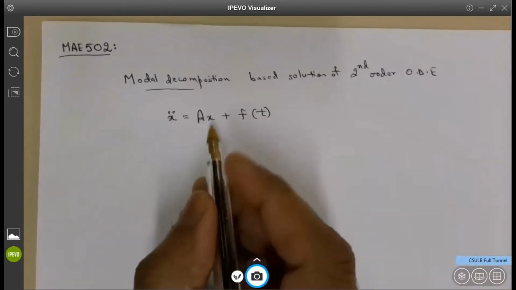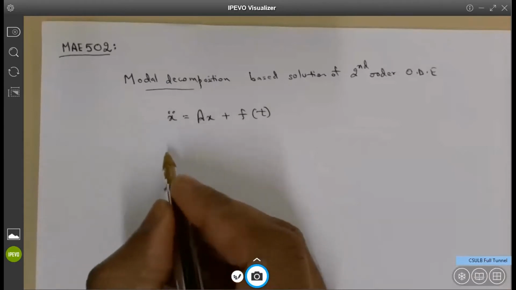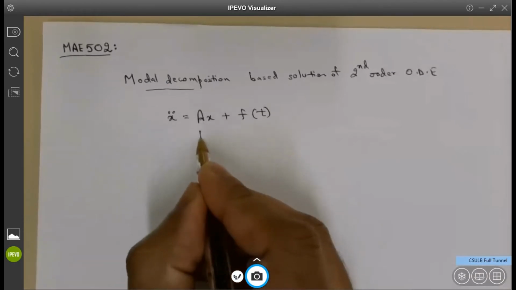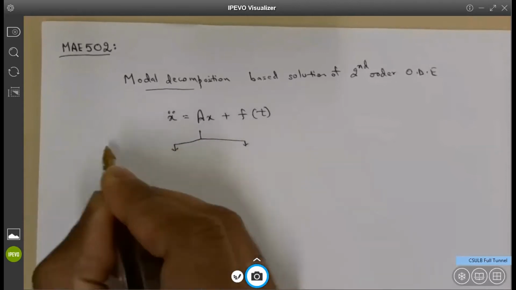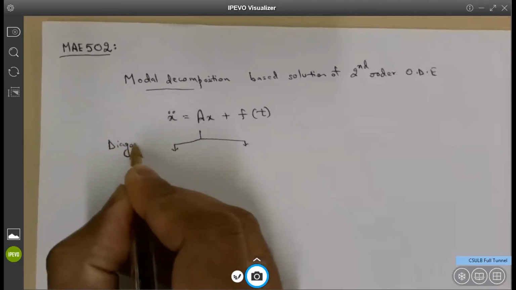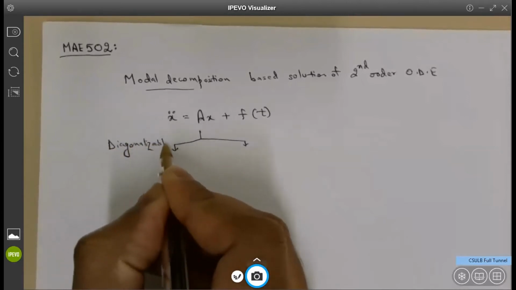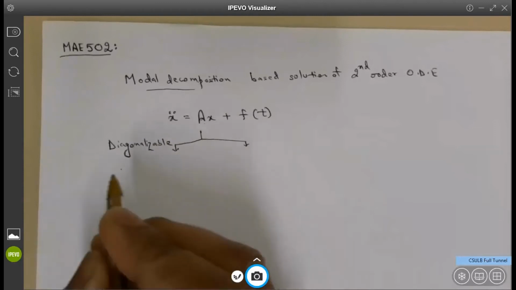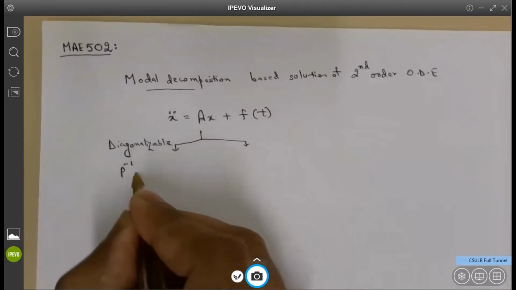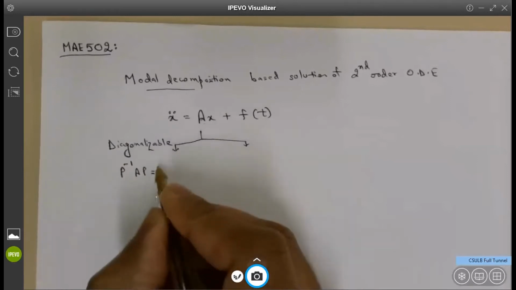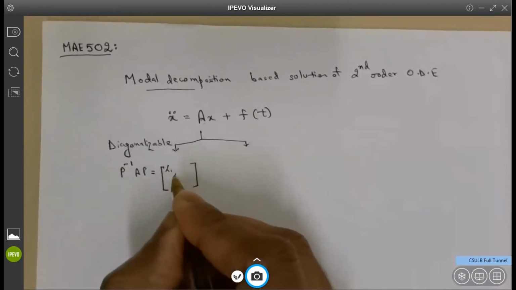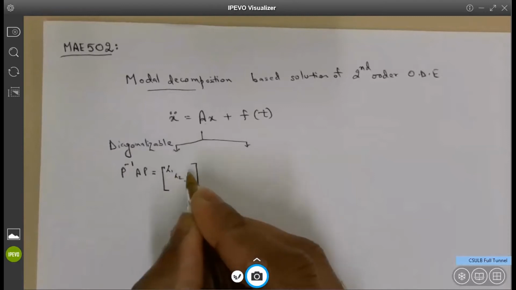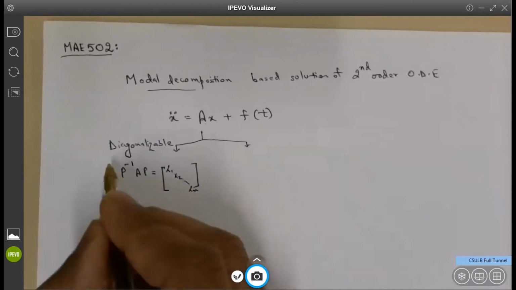X is again the vector, and Ft is basically external function. So here we have seen that what we can do is, depending on whether your A is diagonalizable or defective, if A is diagonalizable, then we can write P inverse AP as matrix of eigenvalues, lambda 1, lambda 2, so on, as a diagonal matrix.